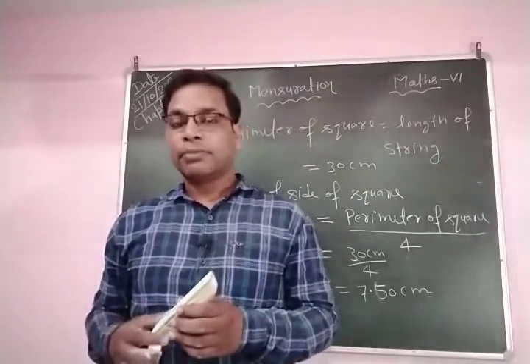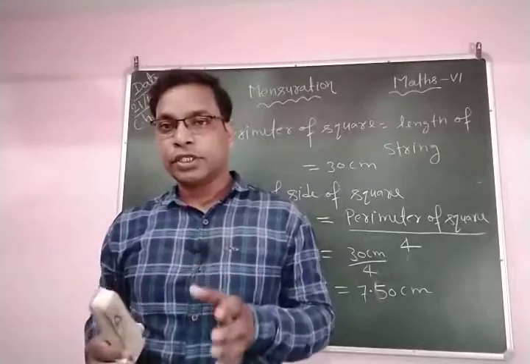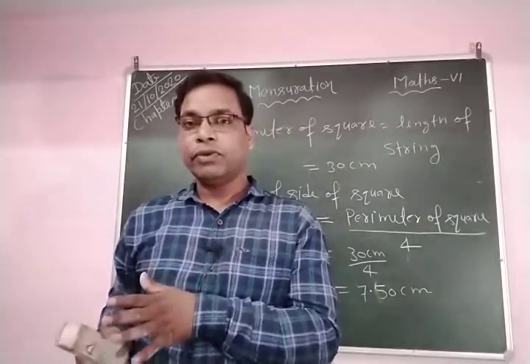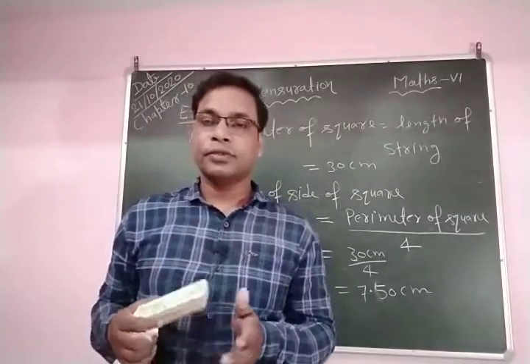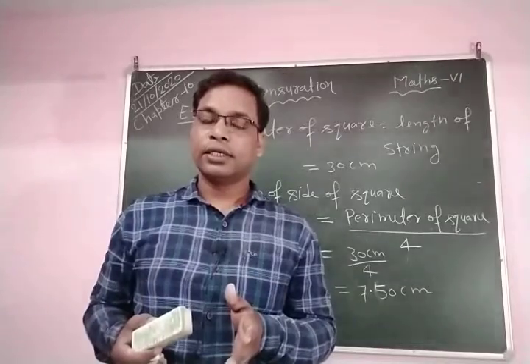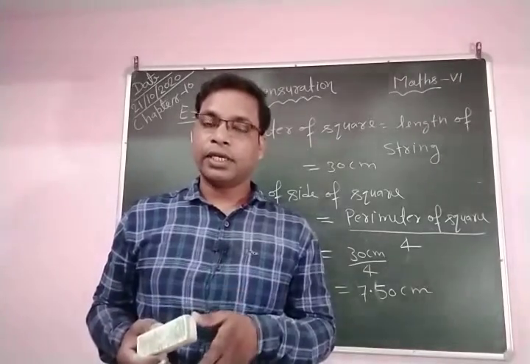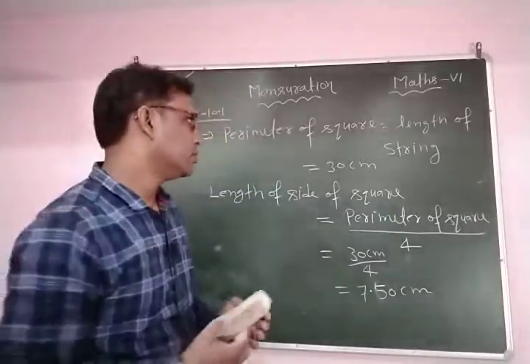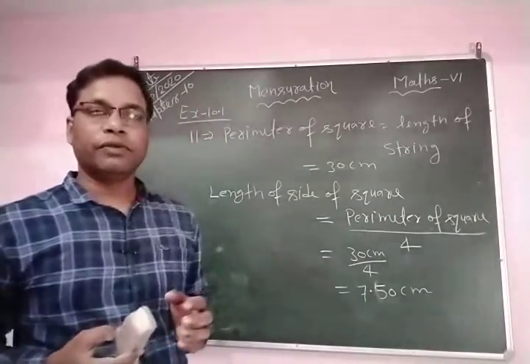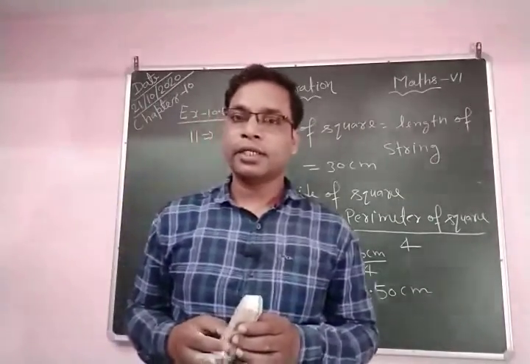Now you can see again, an equilateral triangle is formed by a string whose length is 30 centimeter. We need to find the side of the equilateral triangle. So how do we find it? First we find the perimeter of the equilateral triangle.